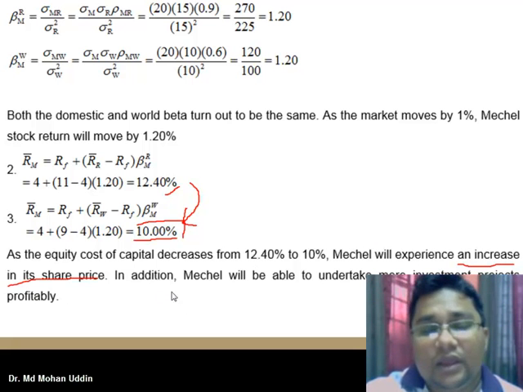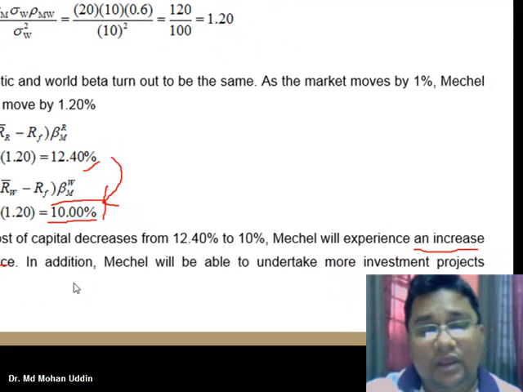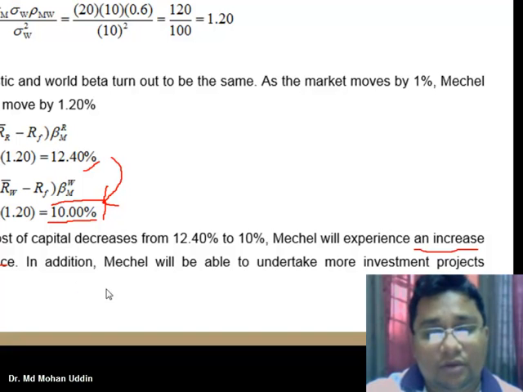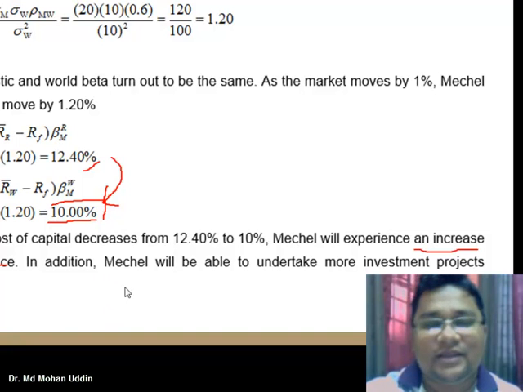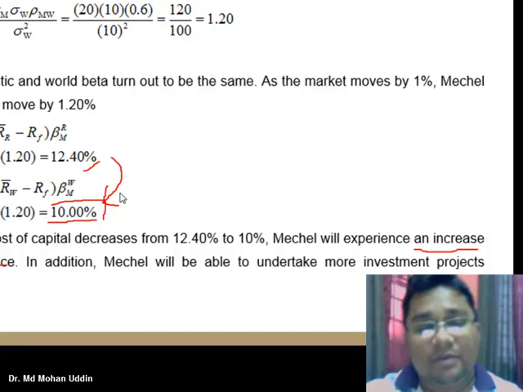So what is the effect on the investment decision of this company? The effect is very straightforward. If your cost of equity decreases, that means your cost of capital also decreases.